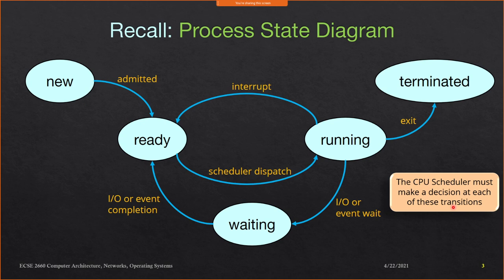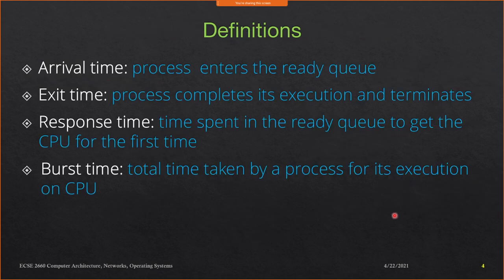So some definitions: in order to optimize a certain scheduling algorithm, we need to talk about certain metrics that we are going to consider. The first one is arrival time. Arrival time is the time at which a particular process enters the ready queue, right?